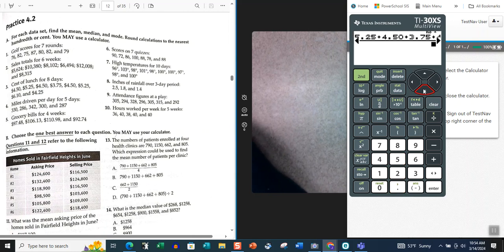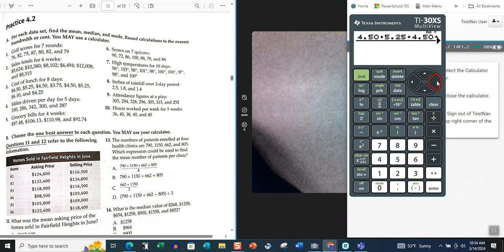Then we press the down arrow, and it tells us that this is for 8 days, so that'll be 8. Now let's go back up to the top and make sure that we typed in all of the numbers correctly, because we definitely don't want that problem.